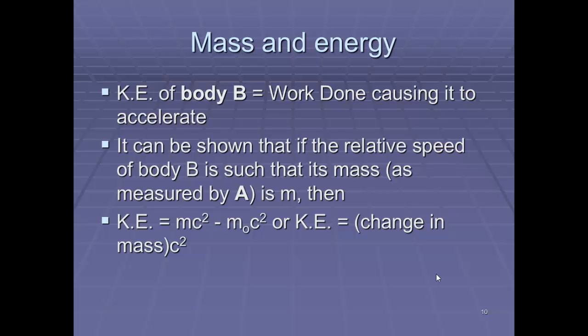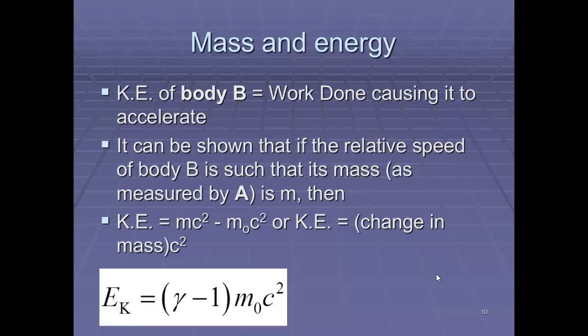If we rearrange this, the kinetic energy becomes equal to the change in mass multiplied by the speed of light squared. A couple of formulas come through which are useful here.